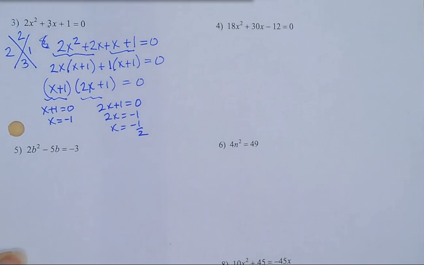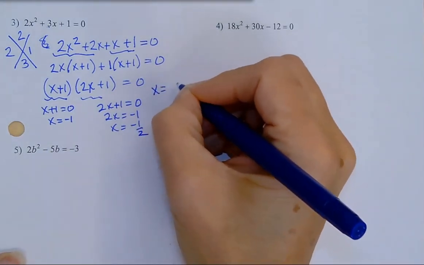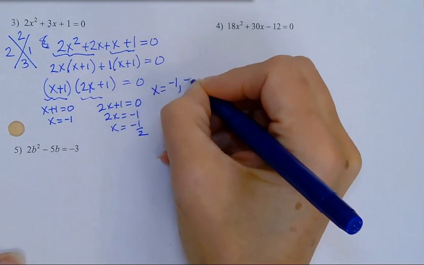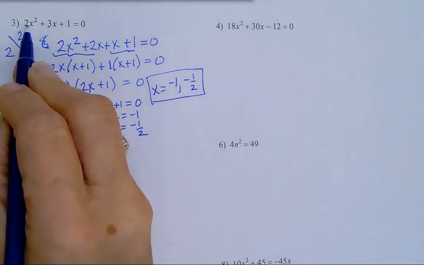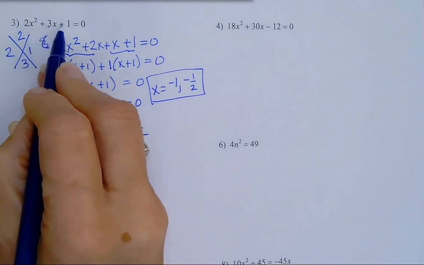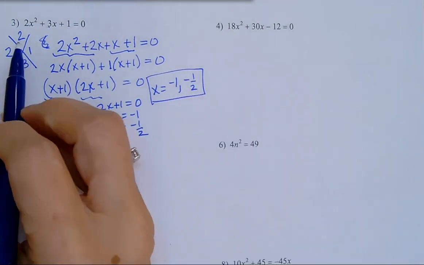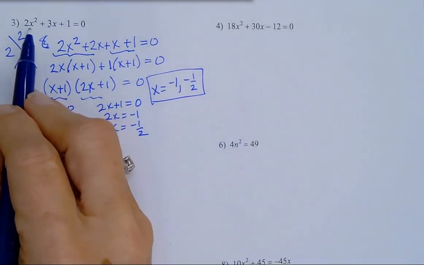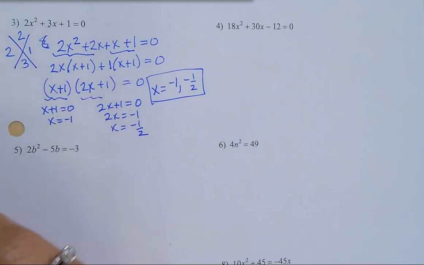See how I have two answers? Probably best to write this as x equals negative 1, comma, negative 1/2. Okay, if I were to plug negative 1 in, I would have 2 minus 3, that's negative 1, plus 1 is 0, true. And if I plug in negative 1/2, it's going to be messy and ugly.